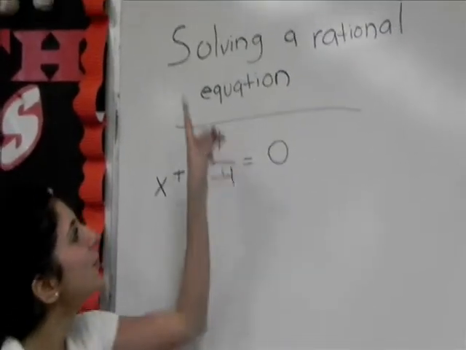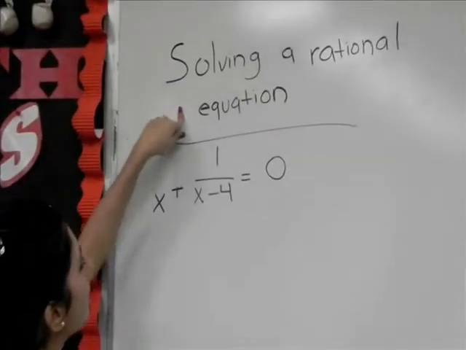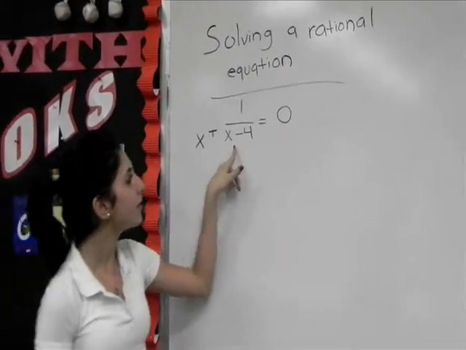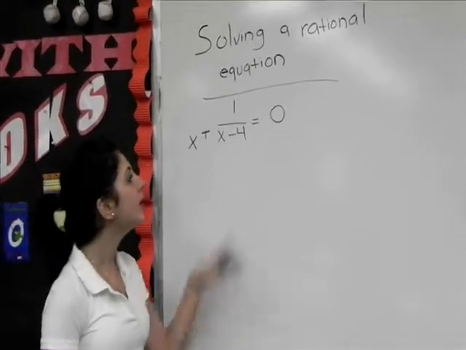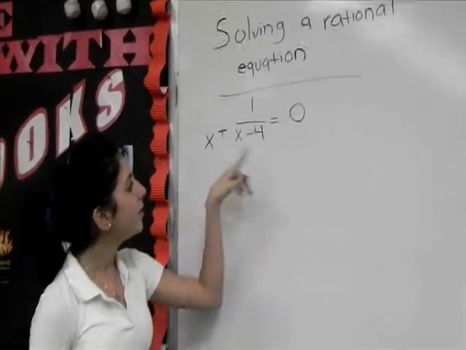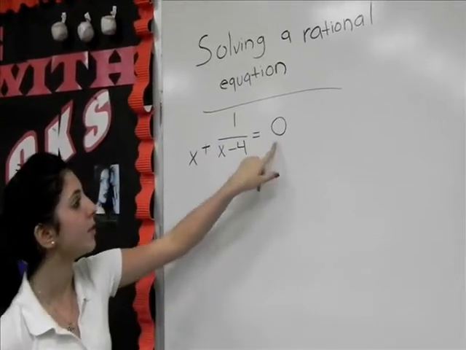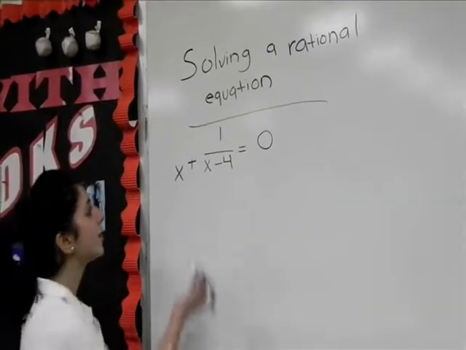Okay, so I'm going to do solving a rational equation. And just like the previous example, to eliminate the denominators to make it easier to work with, you have to multiply the equation by x minus 4, but that's already equal to 0, so you leave that as is.